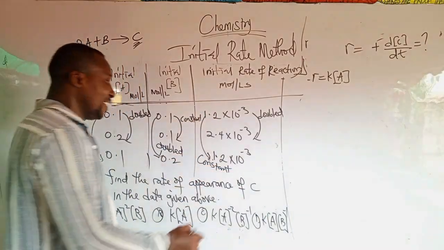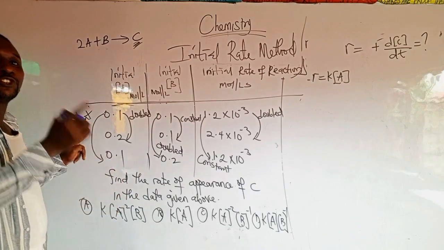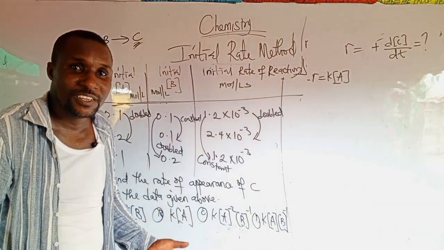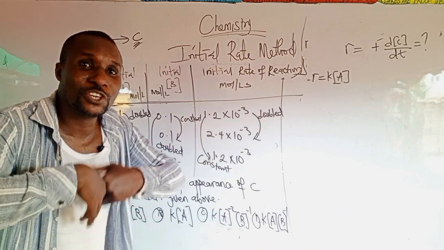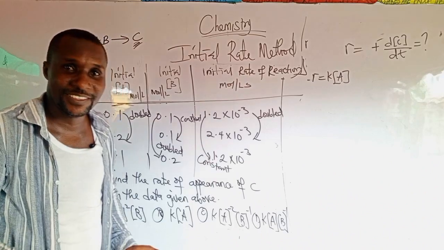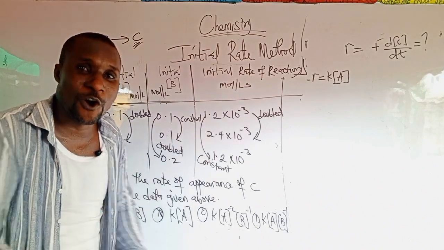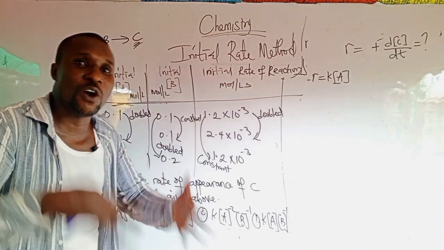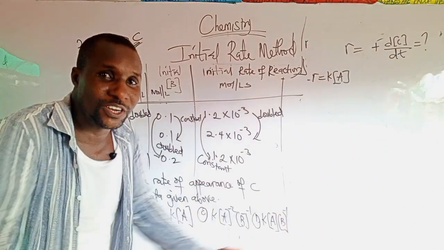What is the meaning of that? When concentration is doubled and the rate of reaction is constant, that is zero order. Concentration does not affect rate of reaction under zero order. Take note.